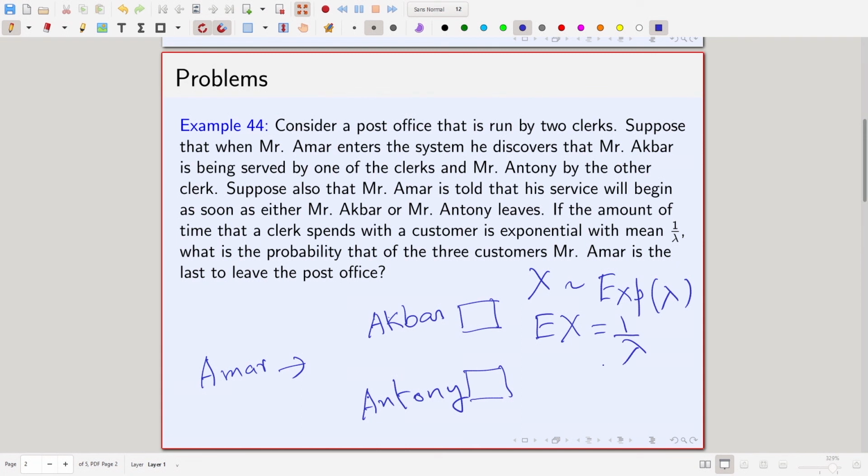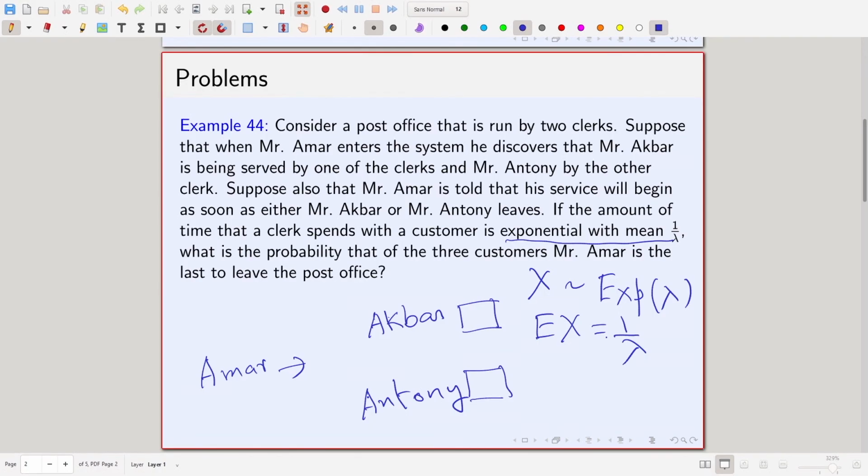So if you are told the mean of the exponential, then you also know the parameter. It's just the inverse of that. Here you are told it is exponential with mean 1 by lambda, so the distribution is exponential with parameter lambda. For an exponential distribution, if you are told its mean, then the parameter is 1 over the mean.